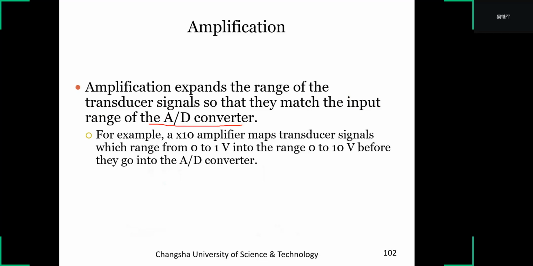For example, an X10 amplifier maps the transducer signals which range from 0 to 1 volt into the range 0 to 10 volts before they go into the AD converter.